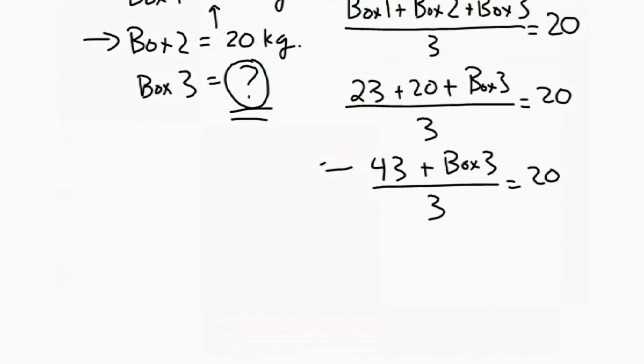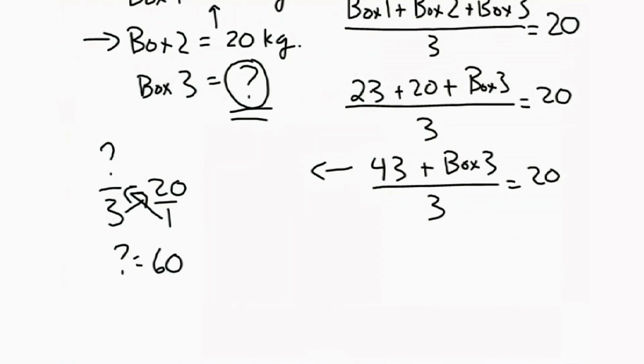Now, you can think about this another way. What number divided by 3 is equal to 20? Cross multiply, and you should be able to figure out that the number in that numerator, this whole numerator, has to be equal to 60.